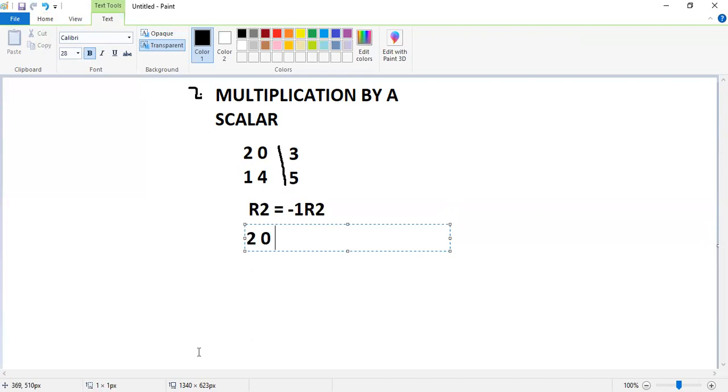So we have the 2, 0, and then let's say 3. So since we are effecting the change on row 2, it means row 1 will remain the same, right? Then row 2 will change because we are now multiplying it by -1. So now it has become -1, -4, -4, and then -5.